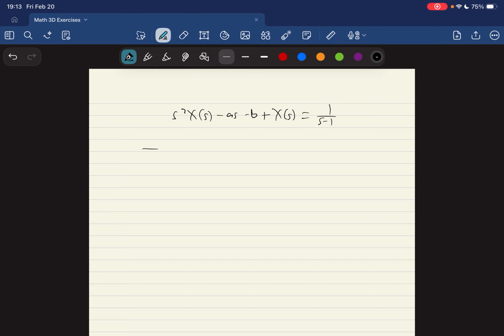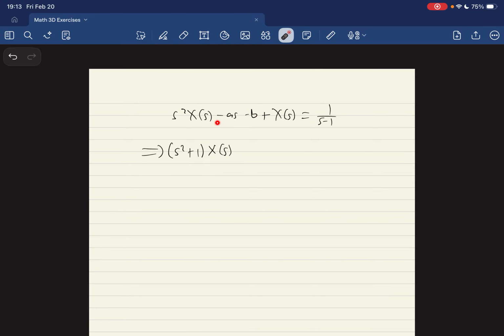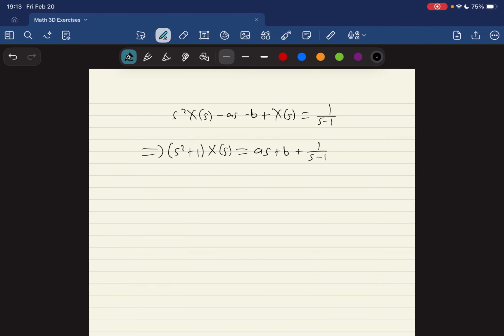We can then proceed to solve for this function right here. So collecting like terms, we get s squared plus 1, capital X(s). And then if we add both of these terms to the right side, we're going to get as plus b plus 1 over s minus 1.